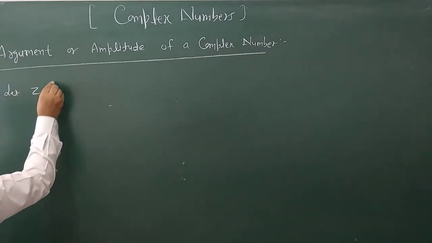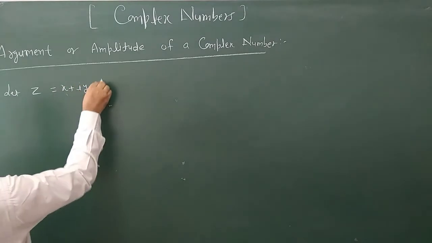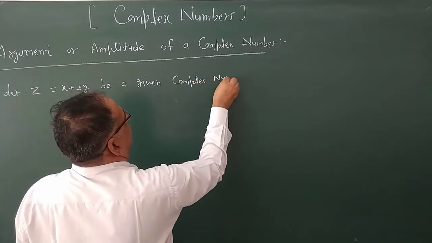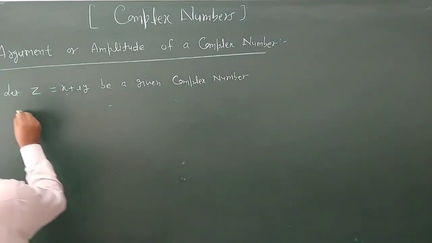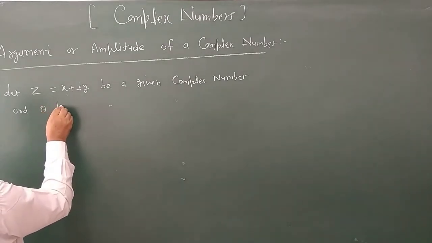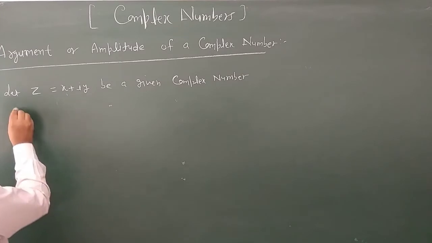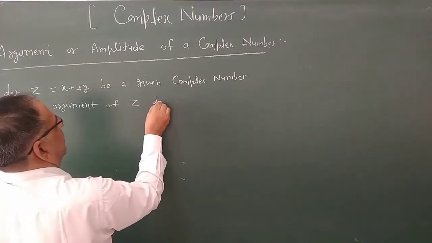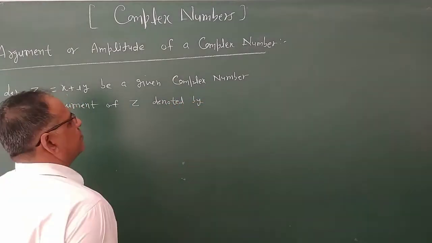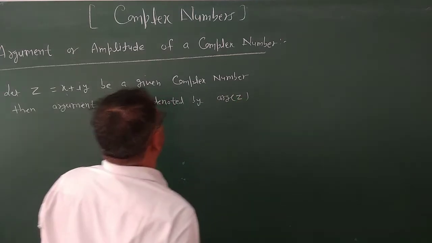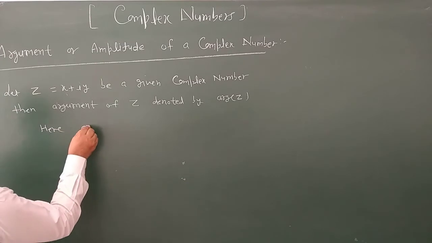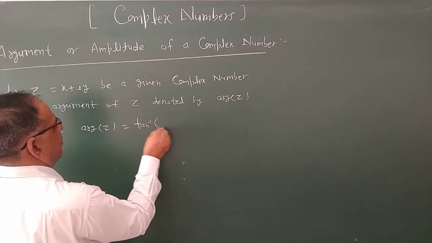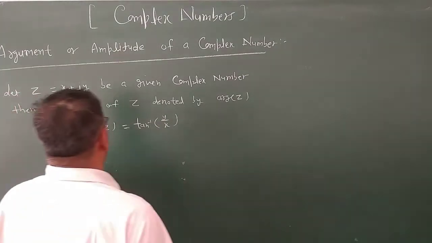Let z equal to x plus iota y be a given complex number and theta be the angle, then the argument of z, denoted by arg z, is equal to tan inverse y upon x. Tan inverse y upon x.